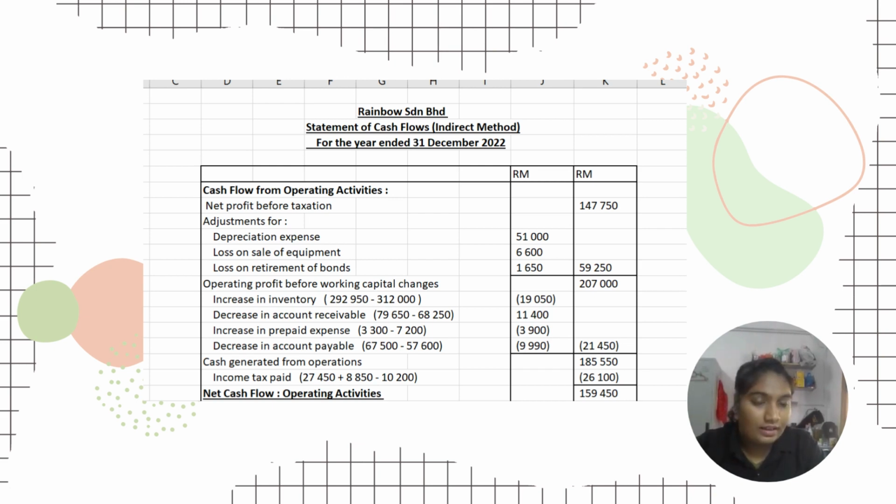So the value that we get will be 26,100 in bracket, where the value will be deducted because income tax paid is a cash outflow. So when we plus all the answers, we'll get the total net cash flow for the operating activities, which is 159,450.